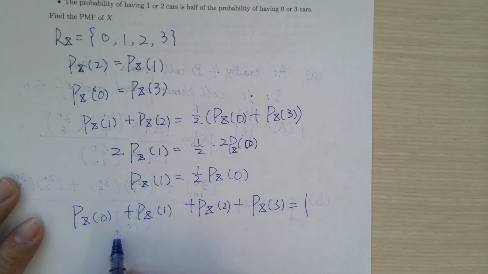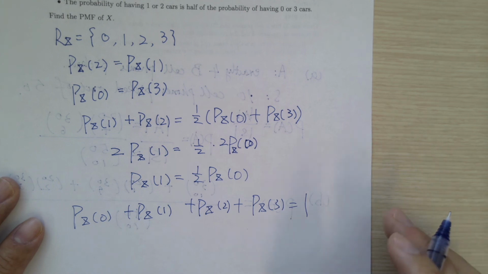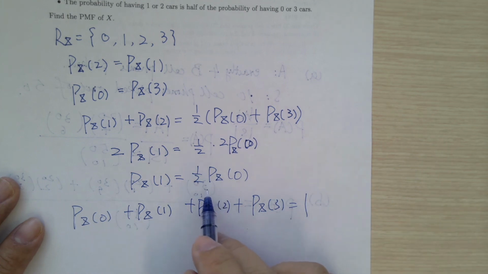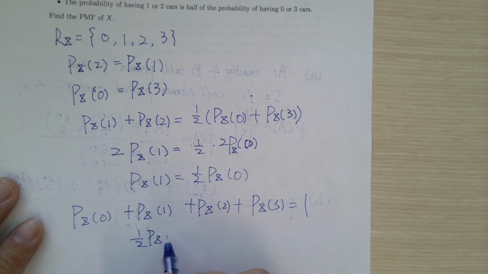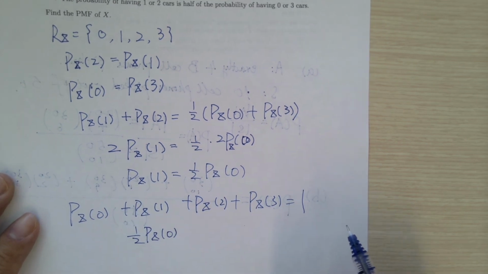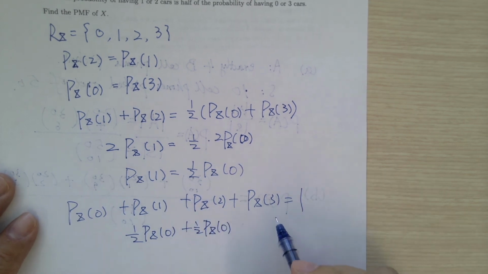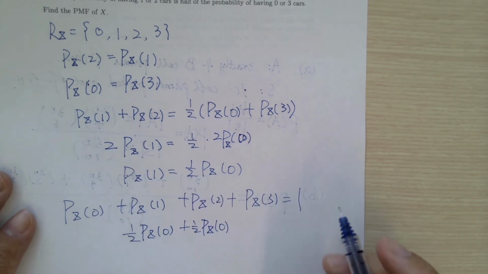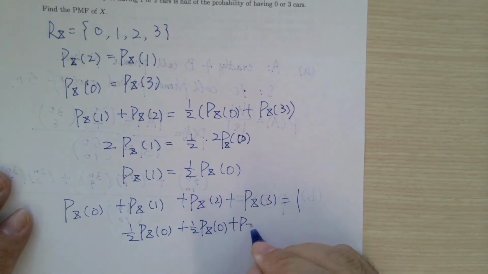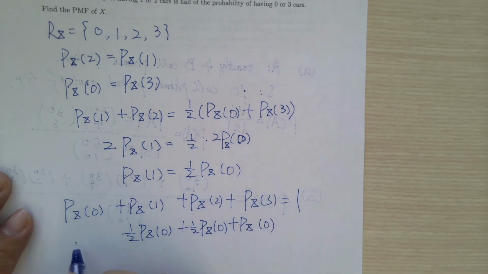And then you can use this notation, right? So we can do everything in terms of P0, right? So this is going to become half of P0. P2 and P1 are the same as half of P0, right? P3 and P0 are the same thing, so it's plus P0, and this is also P0.